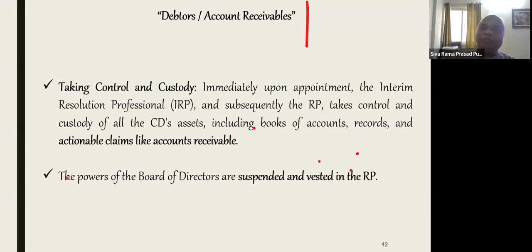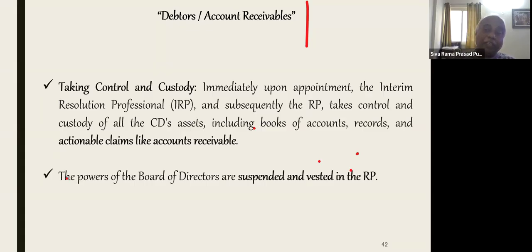Taking into custody immediately upon the appointment of the interim resolution professional, the IRP takes control and custody of CD assets. CD assets include debtors or account receivables, book accounts, records, and actionable claims like account receivables. Account receivables are called actionable claims.